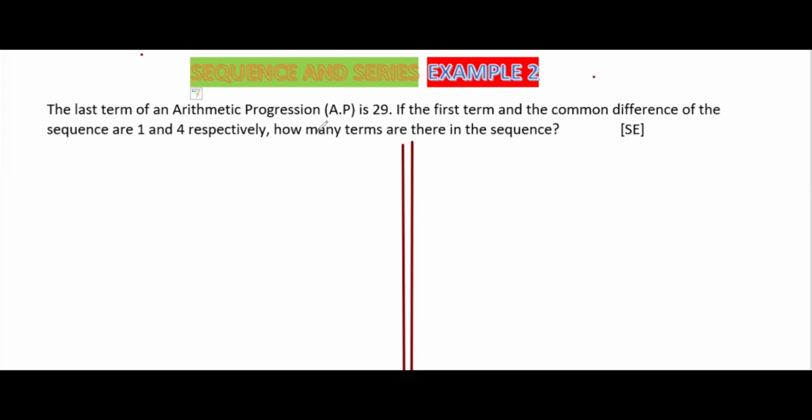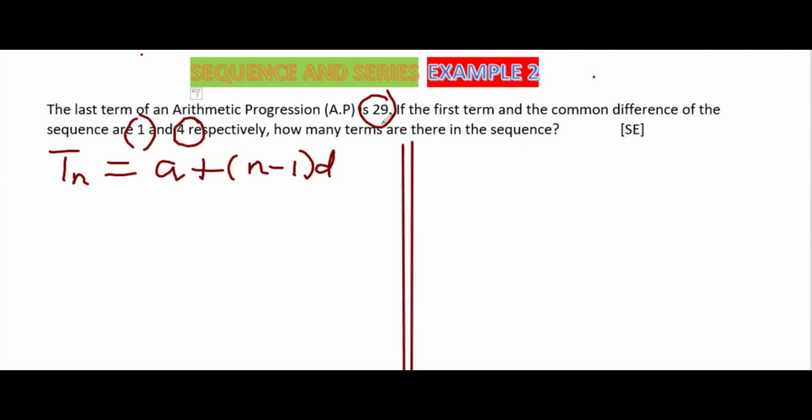We are already given the value for Tn. Tn equals a plus (n minus 1)d. So since we are given our last term to be 29, the first term is 1 and the common difference is 4, we are asked how many terms, that is n. Find n.